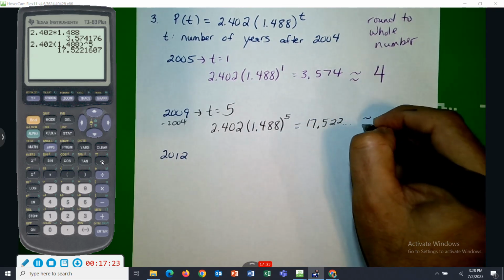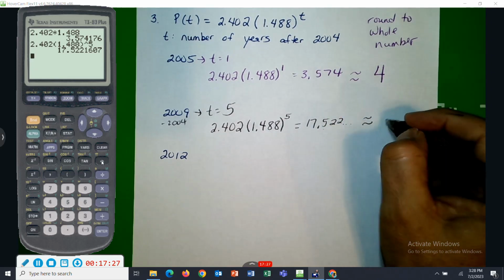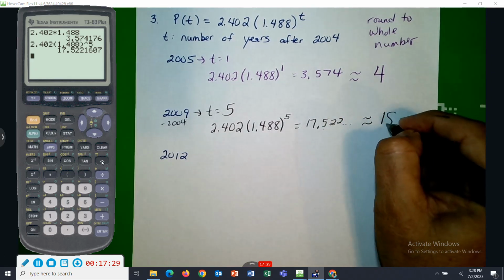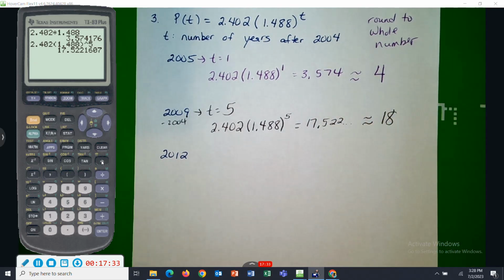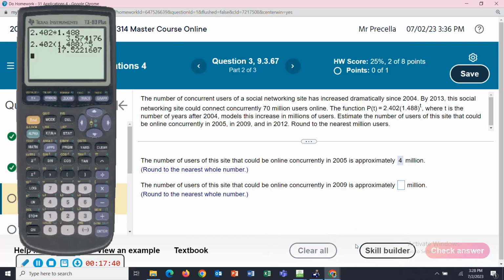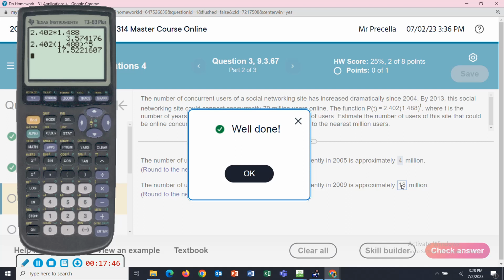Rounding to a whole number, will I leave it as 17 or make it 18? Well, since the digit after the 17 is a 5, we're going to make it an 18. So in 2009, there were 18 million users.